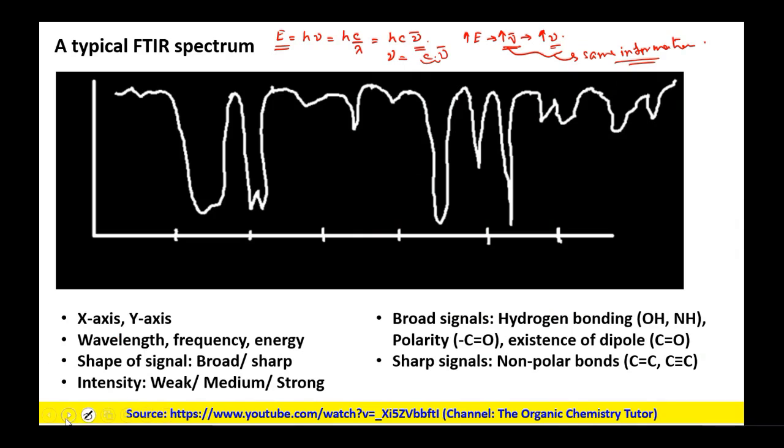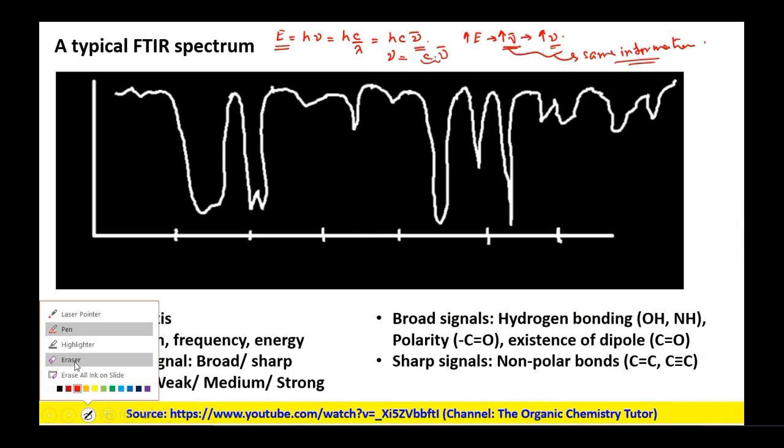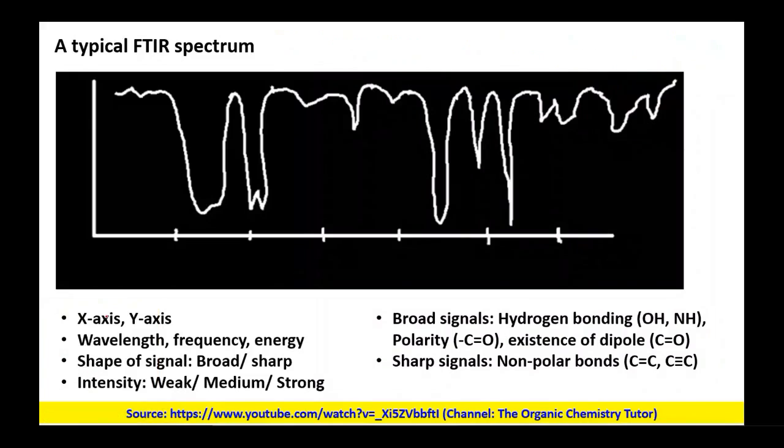As I told you, the x-axis of the FTIR spectrum contains the wave number, which is equal to 1 by lambda.